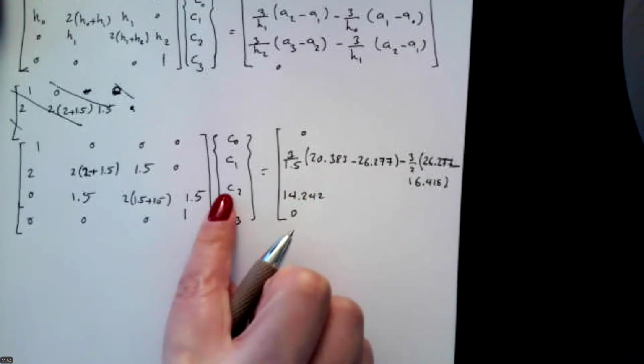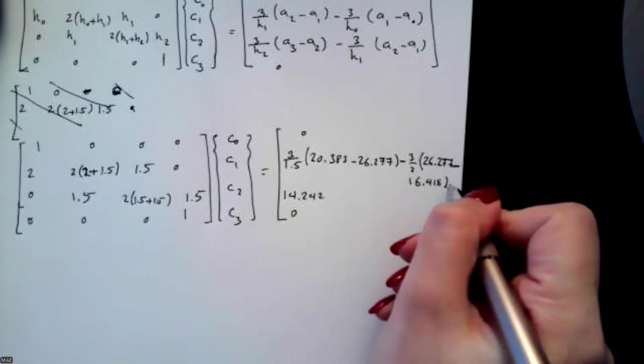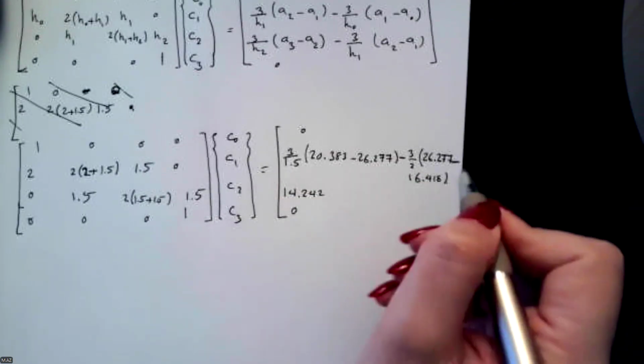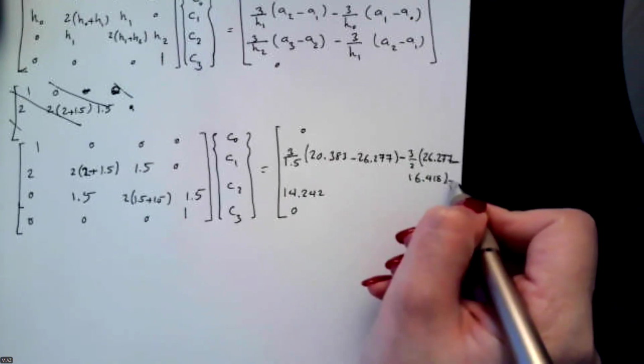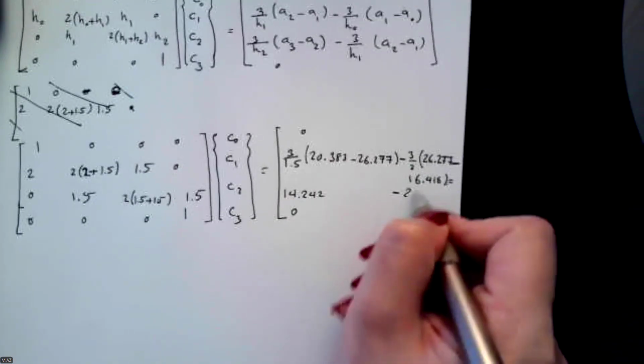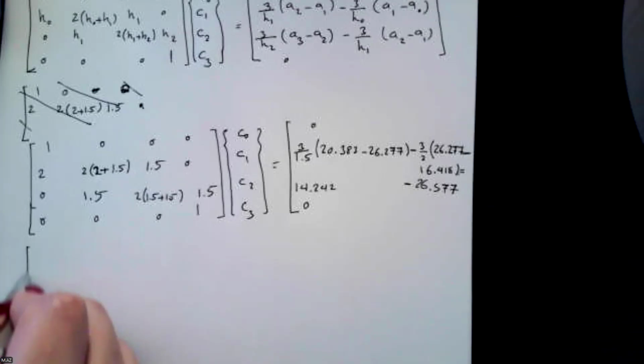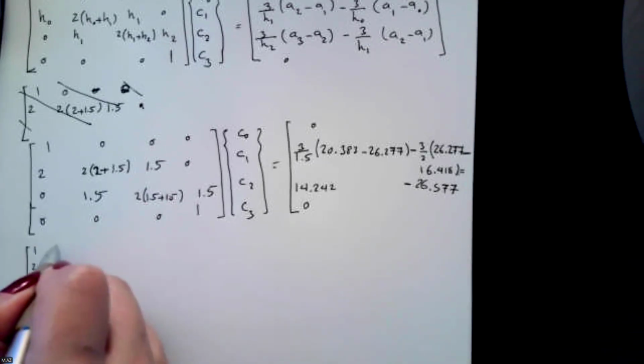42, this is for C sub 2. The value of the C sub 1 is negative 26.577. Let me rewrite this matrix and vector. We have 1 2 0 0.